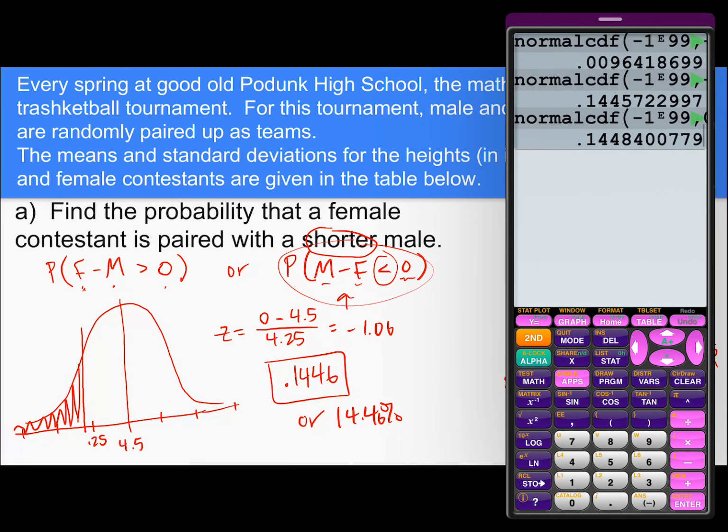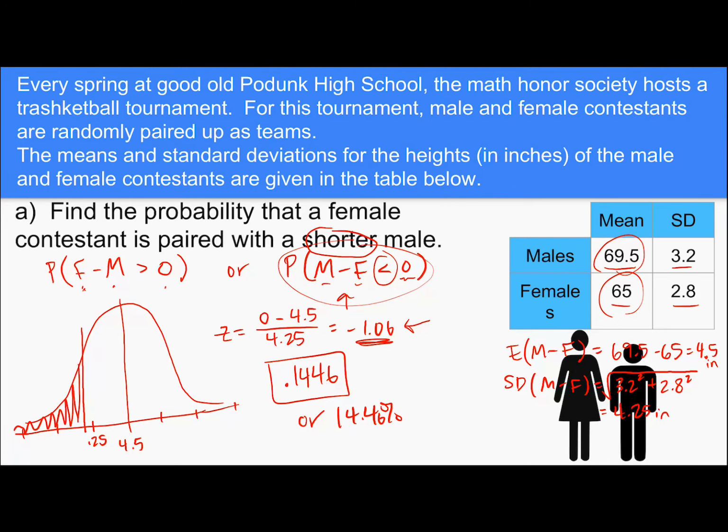You'll notice it's not exactly the same. This is actually a more exact answer because the calculator is not rounding with the z-score. But if you know the z-score already, and remember you always have to show all of your work anyway, doing it the way I did earlier, where you just put your uppers, your z-score, and you leave the mean and standard deviation alone, will give you a real quick probability. So just wanted to point that out.